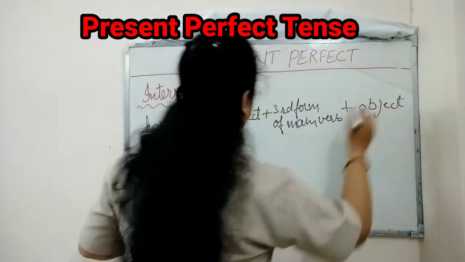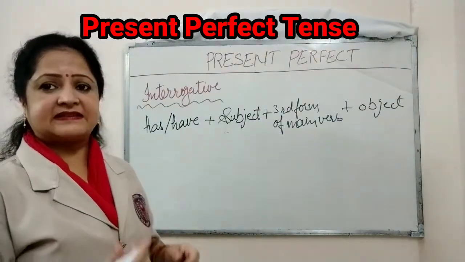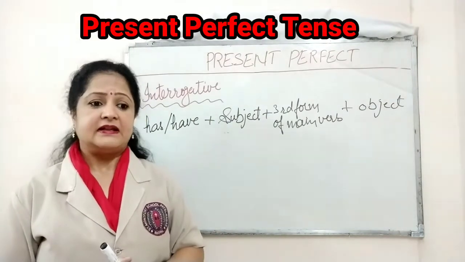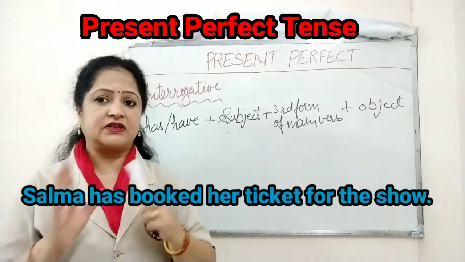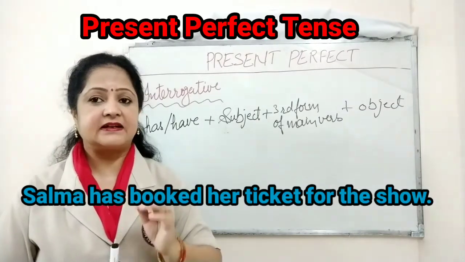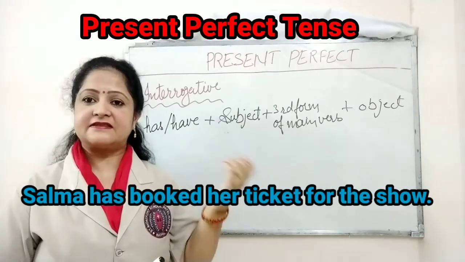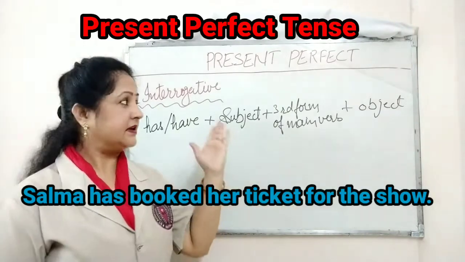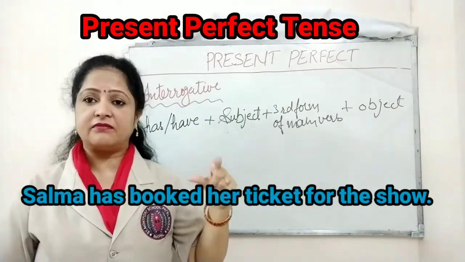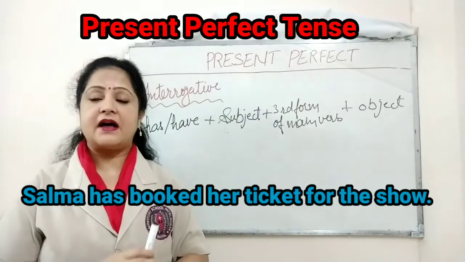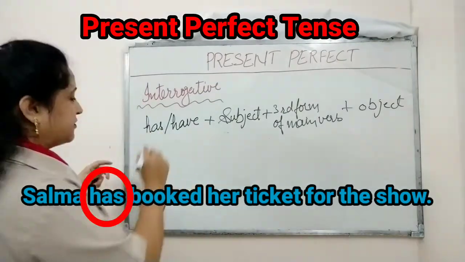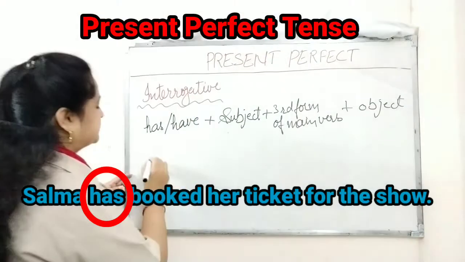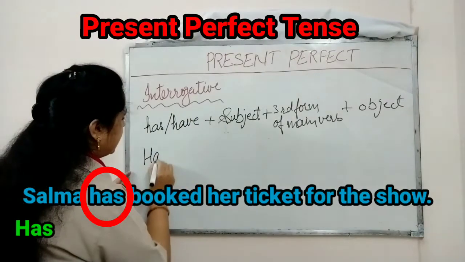Okay, so let's take one example to understand it well. The example is: Salma has booked her tickets for the show. This is the assertive positive sentence. Now let's make an interrogative sentence from this sentence. So, Salma has booked. Has, we write first. For making our interrogative sentence, first of all we write has.